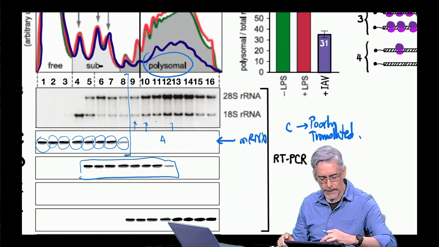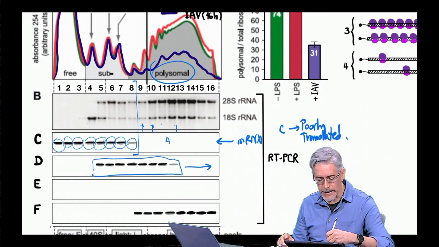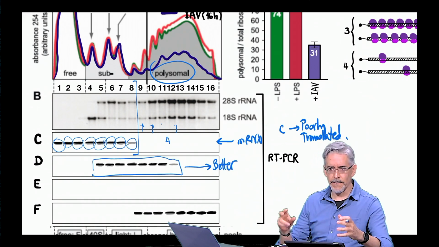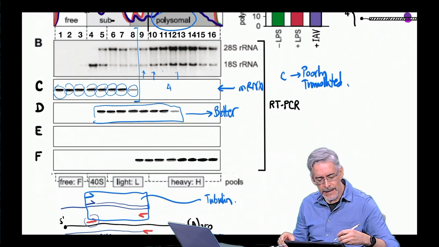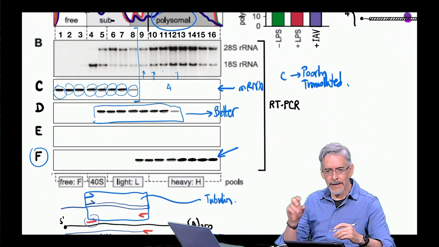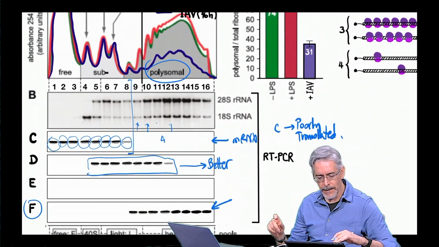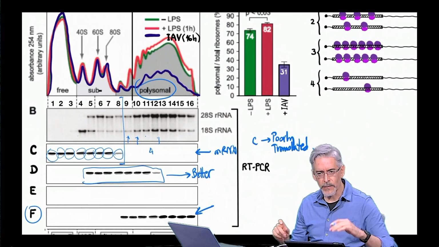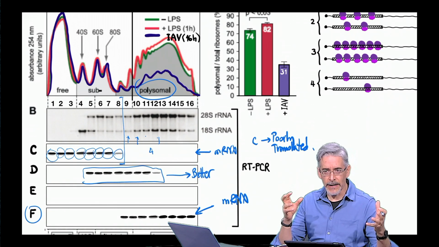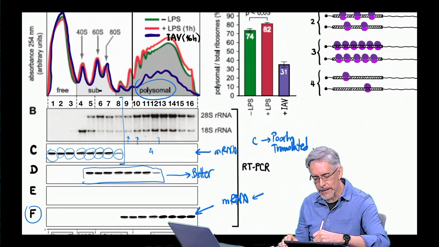So the messenger RNA that corresponds to transcript D is better translated than that shown in panel C. And then finally, the messenger RNA shown in F spans all the way to the very bottom of the sucrose gradient, which means the messenger RNA identified as F is very well translated.